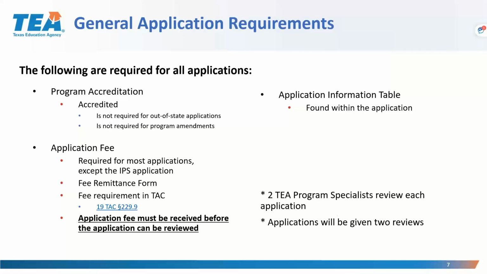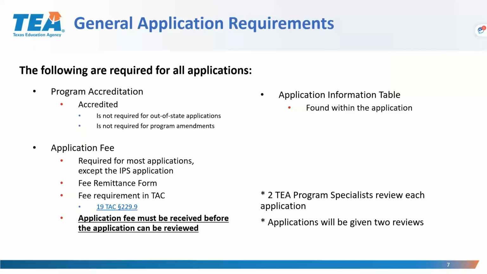Along with the application fee, a fee remittance form is also required to be submitted to TEA. The fee form is found in the application materials, and the fee requirement is found in 19 TAC 229.9. It is important to note that the application fee must be received before the application can be reviewed. Also, a refund will not be available for denied applications.